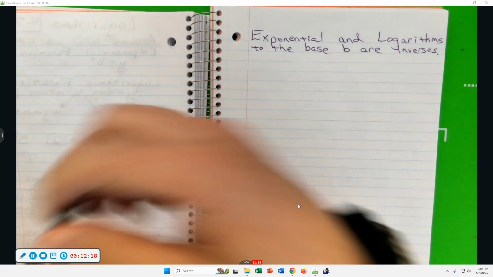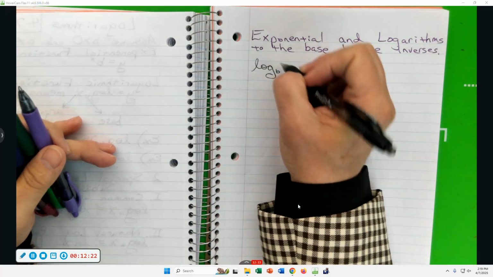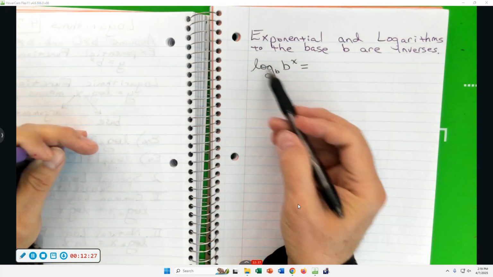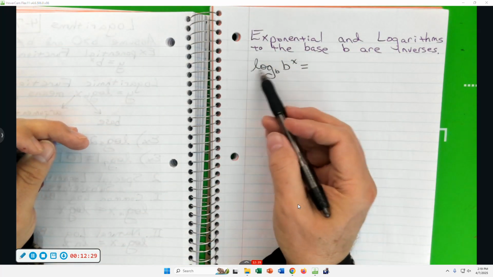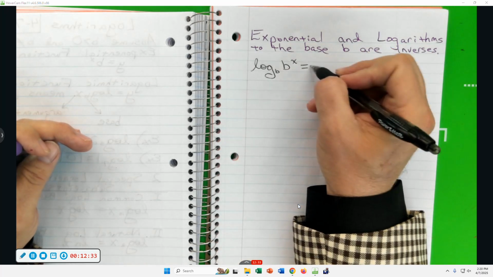It doesn't matter if the log base b is written and then the exponential b to the x, log base b of b to the x, they're performed consecutively, they cancel out, leaving you just x.